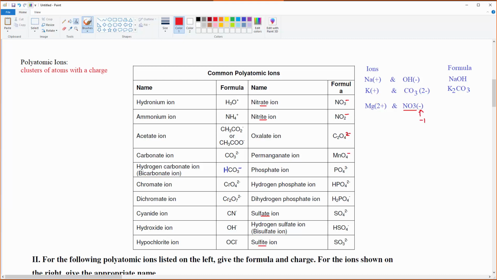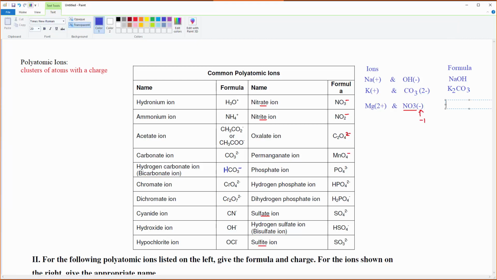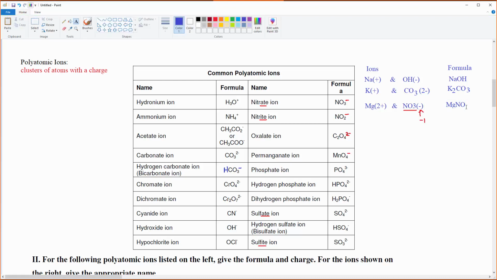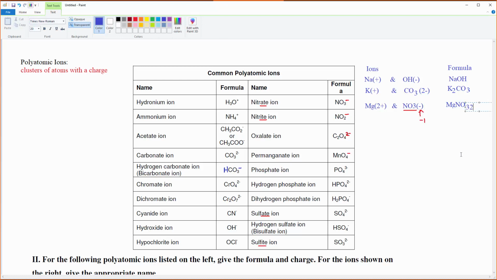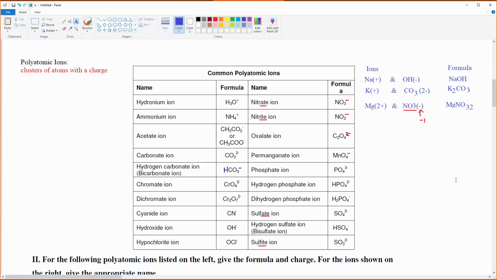Okay, so if we put this together, we're going to need 2 nitrates. But we run into a little problem because I can't say MgNO3 and have 2 of those, because then it looks like I've got 32 oxygens. Does that make sense? That doesn't work.